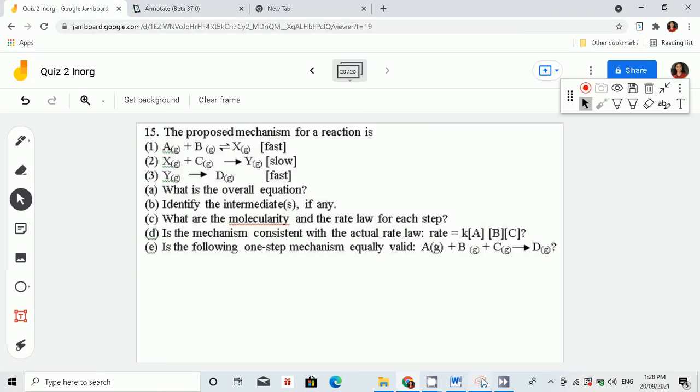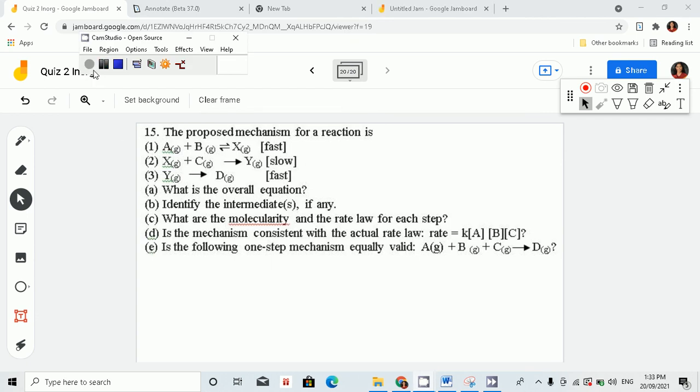Now, letter E. Is the following one-step mechanism equally valid?